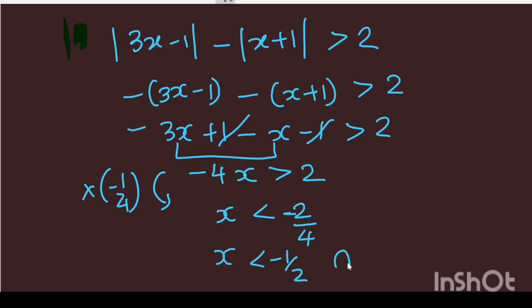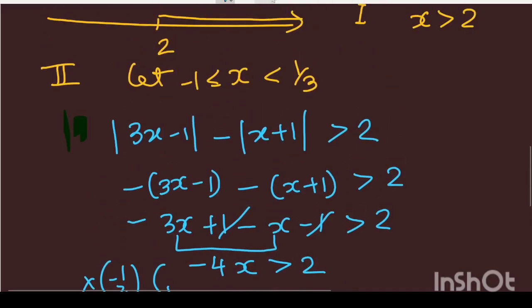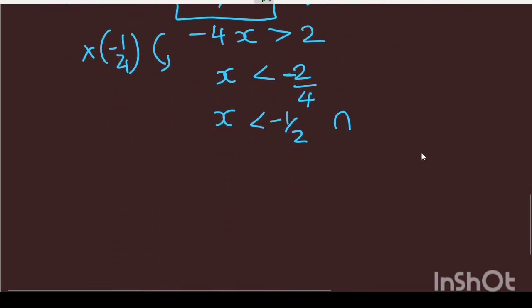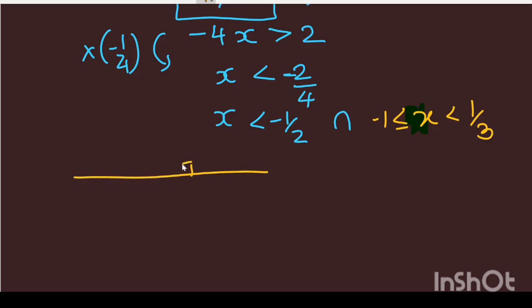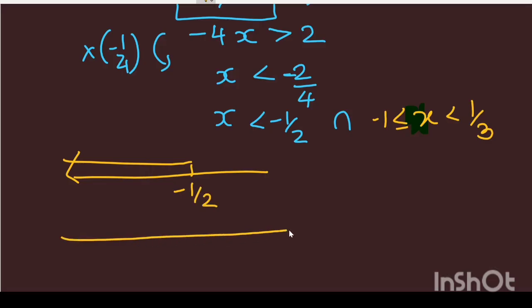Now we will take intersection with what we assumed x to be, which was minus 1 to 1 by 3. So x less than minus half. I plotted it like this: minus 1 to 1 by 3. Minus 1 is on the left side of minus half.